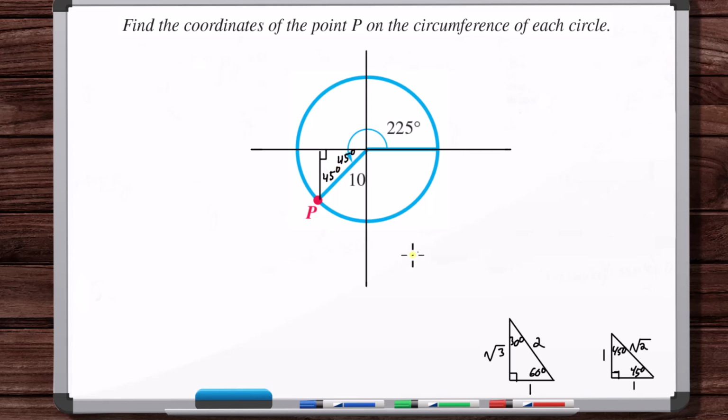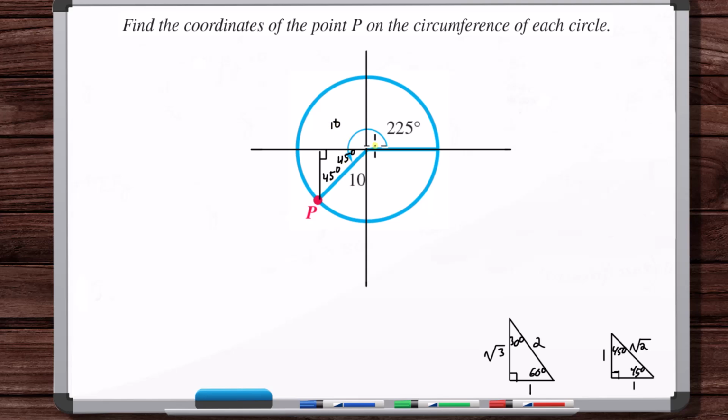Okay, so the radius is 10, or the hypotenuse is 10. So what are the side lengths? It's 10 divided by root 2. Both of them are the same. And why is it 10 divided by root 2? Because the hypotenuse is root 2 times the legs. So if this was 10 divided by root 2, then when you multiply it by root 2, you get 10.